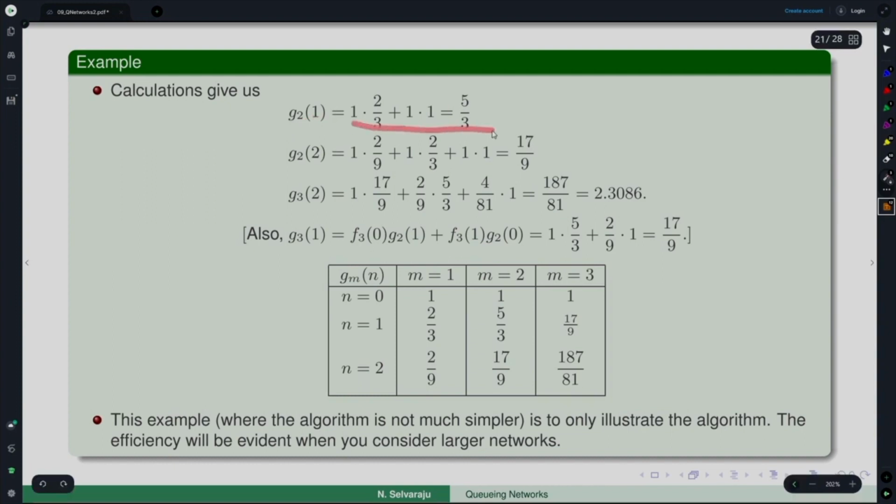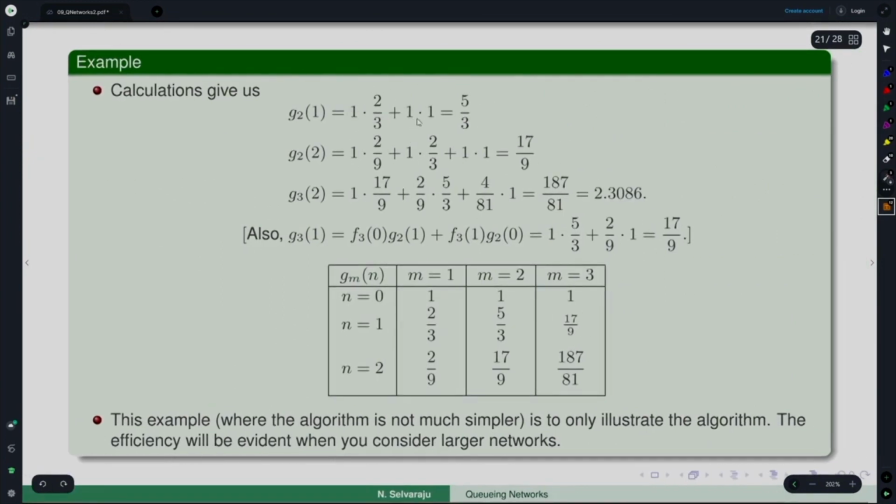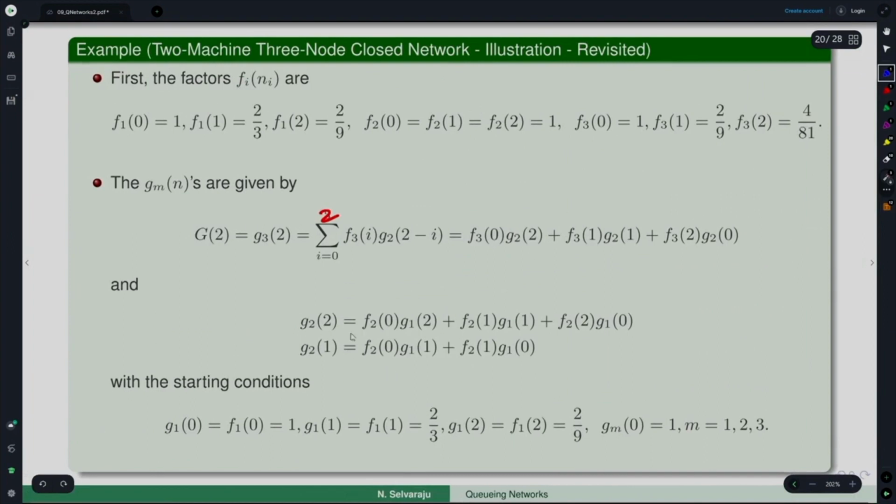If you do the calculation now, you can go in reverse. G2 of 1 is F2 of 0, G1 of 1, plus F2 of 1, G1 of 0. G1 of 1 is 2 by 3, and F2 of 0 is 1. So, you get 1 into 2 by 3 plus 1 into 1, which is 5 by 3. Similarly, for G2 of 2 you have 3 terms: F2 of 0, which is again 1, and G1 of 2, which is 2 by 9.